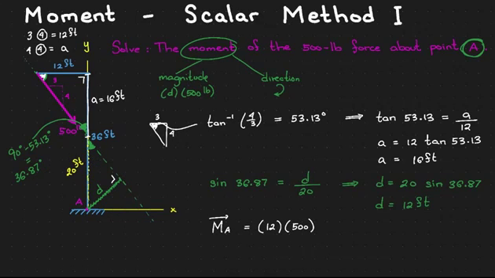It's in the clockwise direction. So moment about A is equal to 6,000, and of course the unit is foot-pounds. The sense of direction is clockwise, and of course the axis of rotation is into this screen. It's as easy as that.